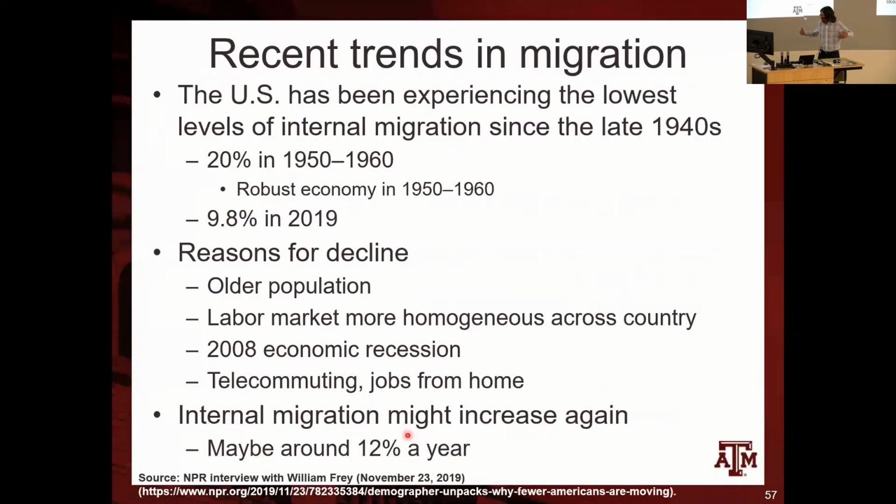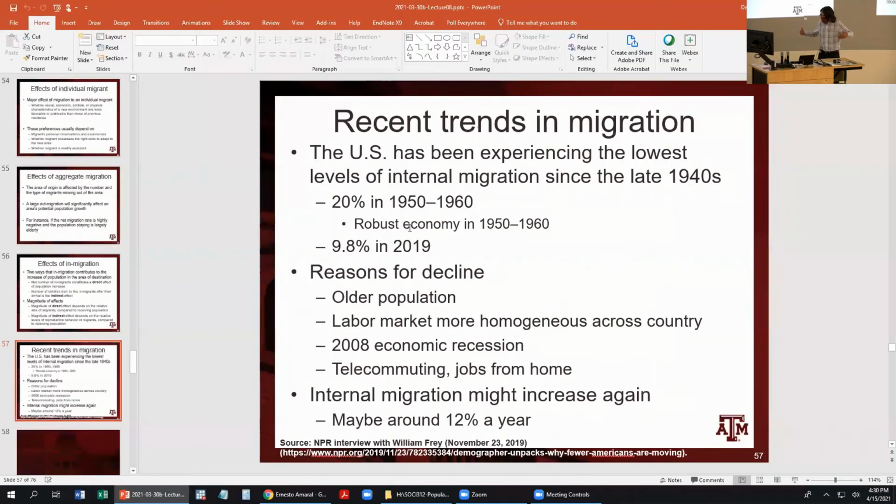This last slide here, we reach 4:30. It's a summary of an interview that the demographer William Frey gave to NPR back in 2019. If you want, on the course website, if you go to this link here, you can hear his interview. It's really short.